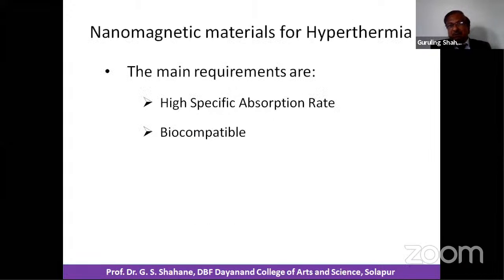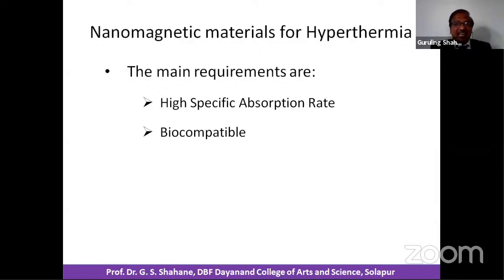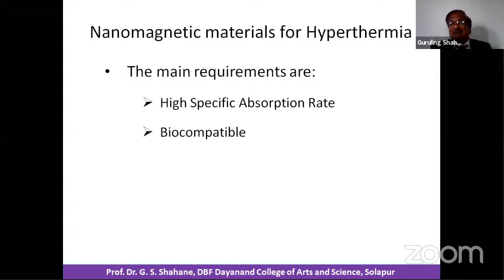Now, if we have to use magnetic materials for this application, there are two important requirements. High absorption rate: it must have a high specific absorption rate. Its SAR must be very high, and at the same time, it must be biocompatible.